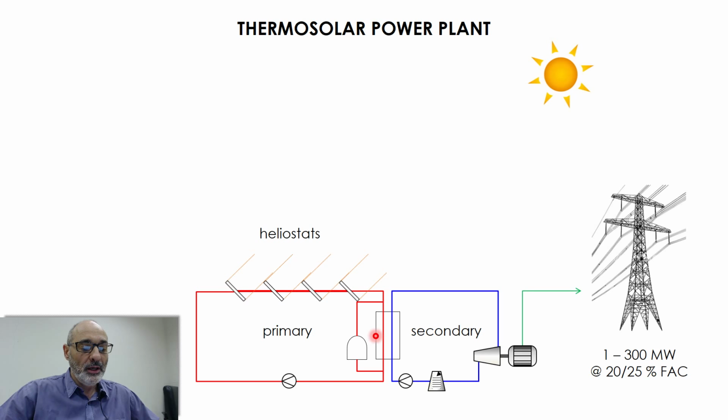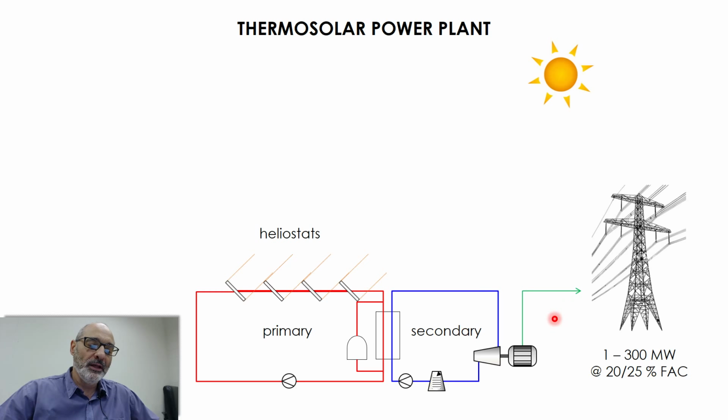If you don't have sun for some reason, because it's night or because it's cloudy, you can use this heated liquid to supply heat to the secondary. So the primary, the storage system, and the secondary, which corresponds to a traditional thermodynamic conversion cycle. We already saw this, so there's no problem here.